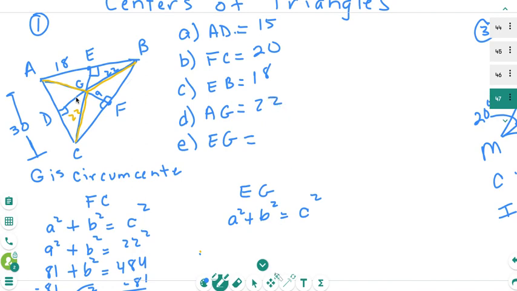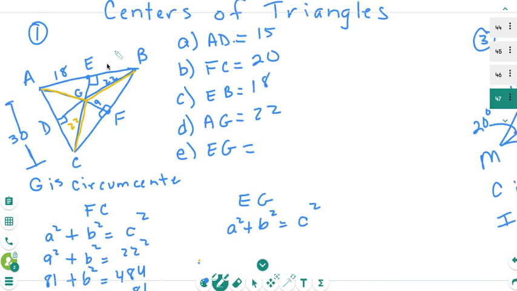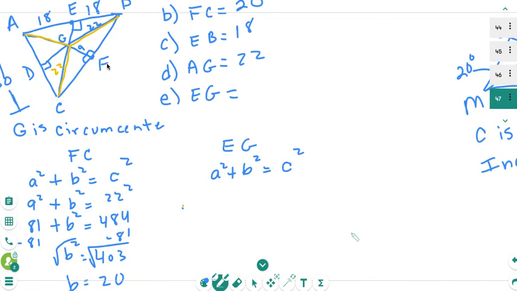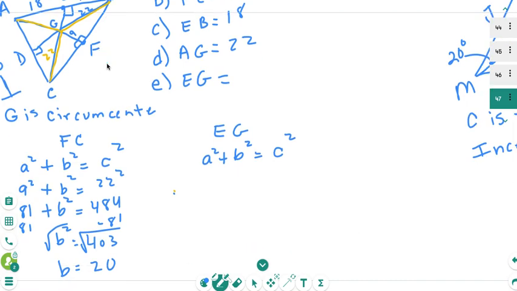And then again, in order to find EG, we're going to need to use this right triangle. So we know that EB is 18. We know two sides of the right triangle. We know the hypotenuse, and one side, we don't know the shortest side. So we're going to find a squared plus 18 squared is equal to 22 squared.